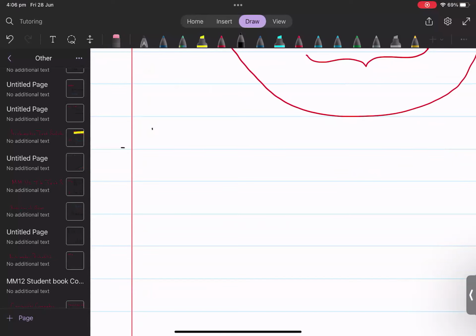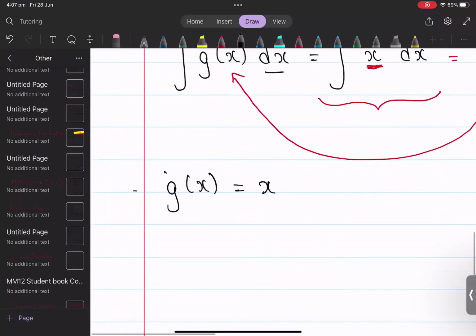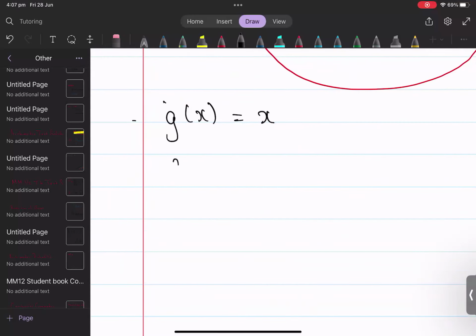If my g of x was x to the power of 1, which is perfectly fine, r is not equal to -1, so r is just equal to 1 here. Now, if I want to find the antiderivative of x with respect to x, the way I would think about this is, if I work this out, I get some function of x. If I differentiate that function of x, I should get back x. So I'll give you a few seconds to think about what kind of function you need in order to get x.